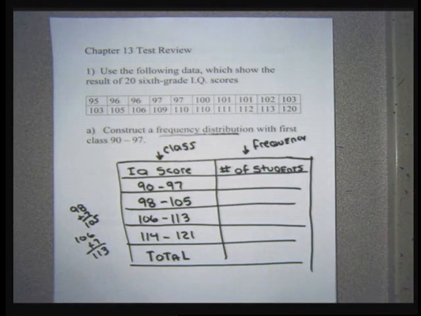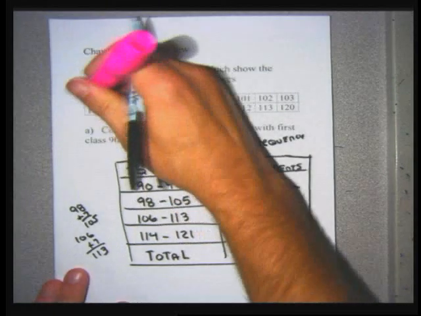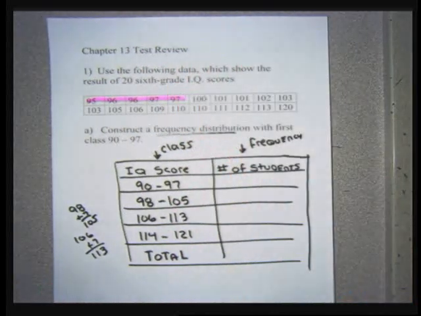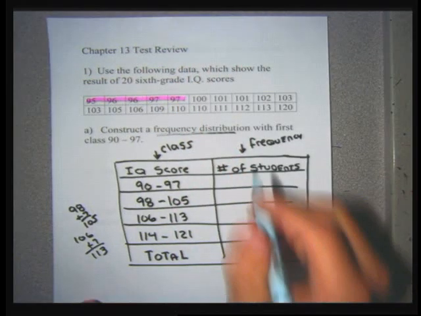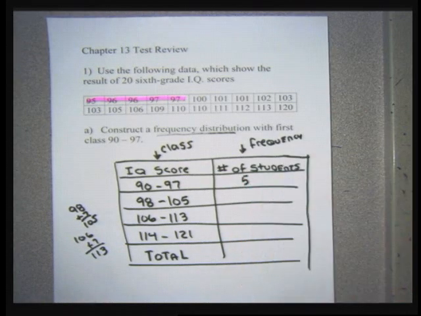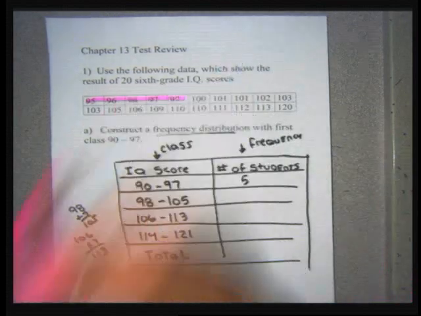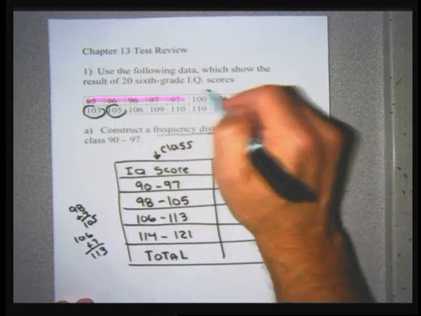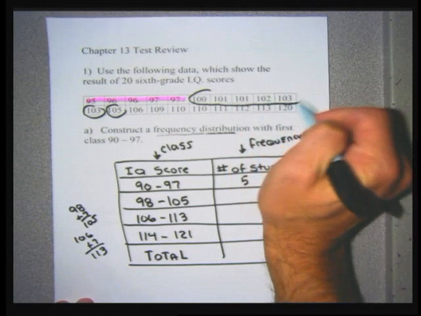Now I'm just going to fill in the second column, which is the number of students in each class. In the first class, I'm going to count all of those, and that's 1, 2, 3, 4, 5 students that had IQs between 90 and 97. And then between 98 and 105, I'm going to count all of these.